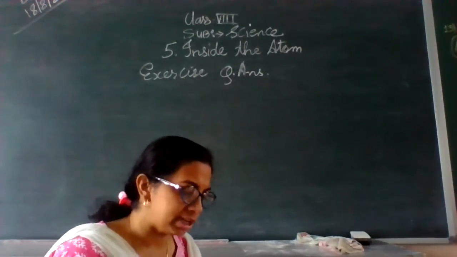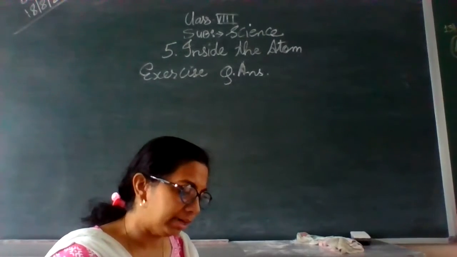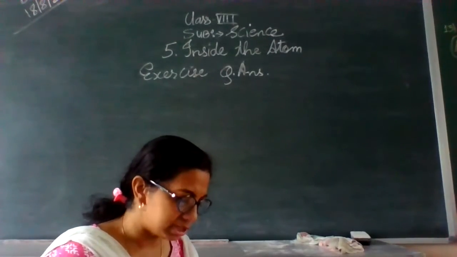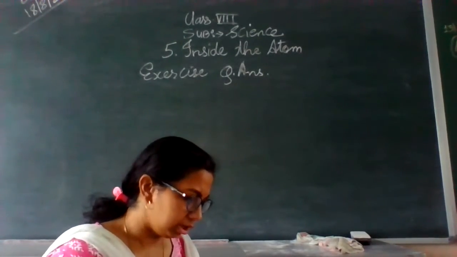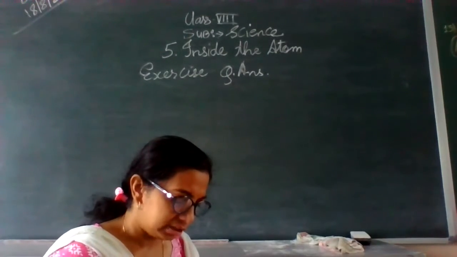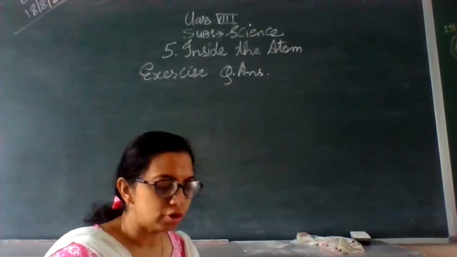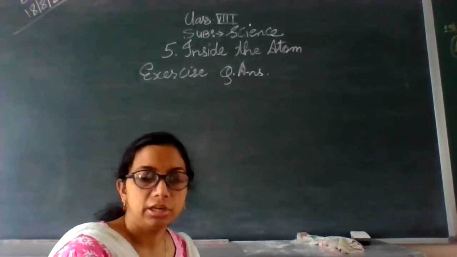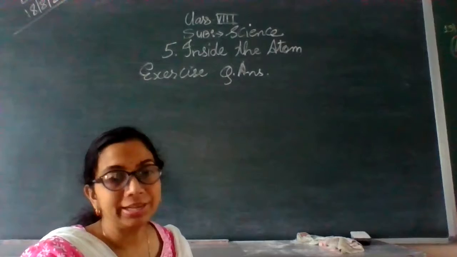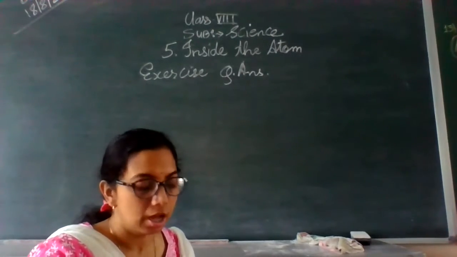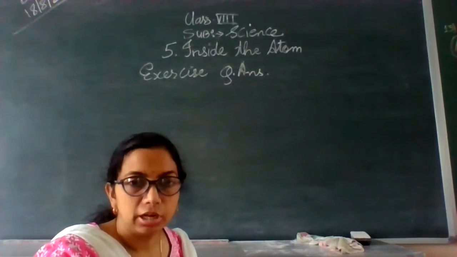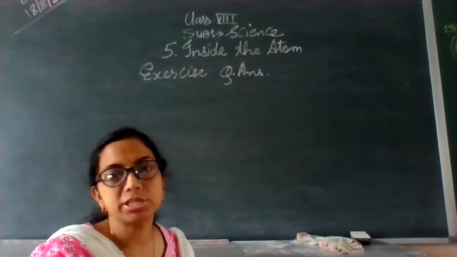Then the next question is, what is meant by valency of an element and what is the relation between the number of valence electrons and valency? For this, we have already discussed that the outermost shell of any element will decide the valency of that element. How many electrons are accommodated in the last shell, whether it is an octet or not. If it is an octet, then the atom will be stable.